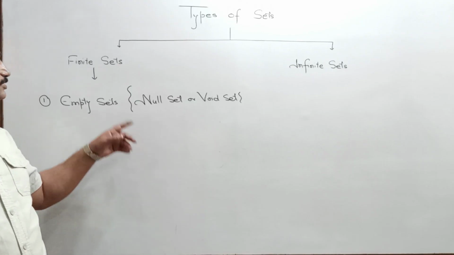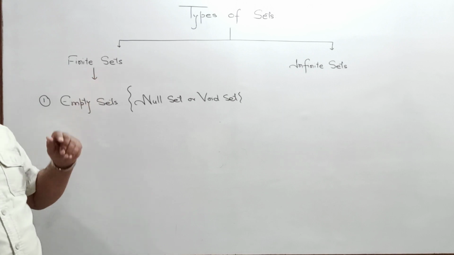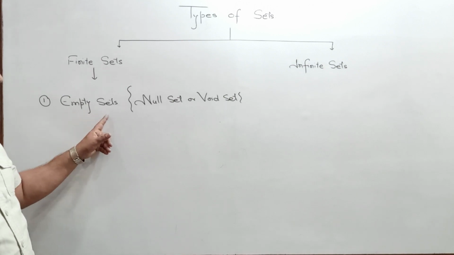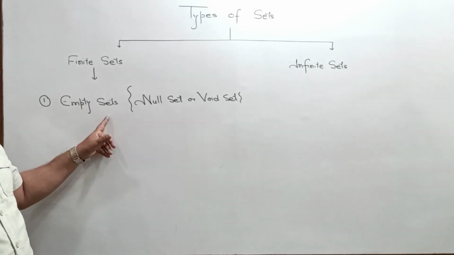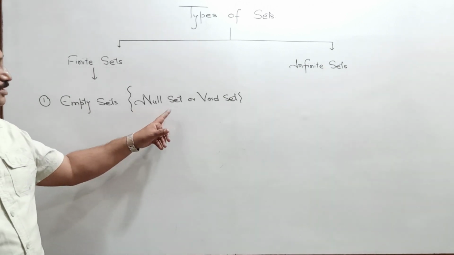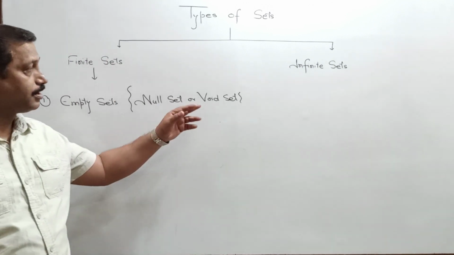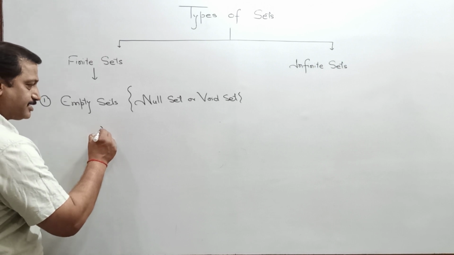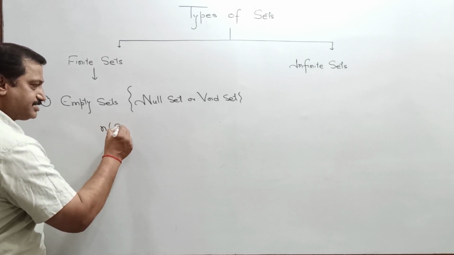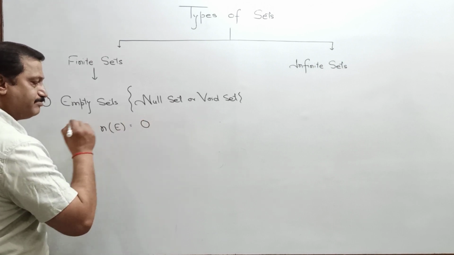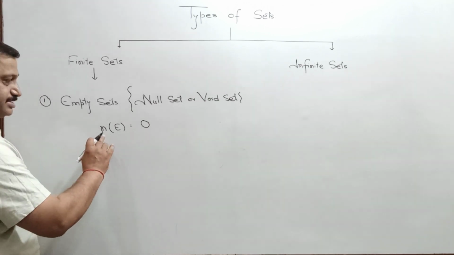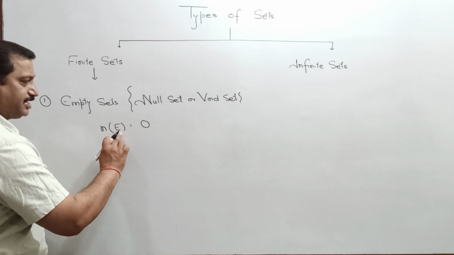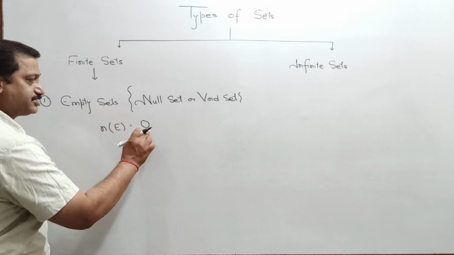Now we'll start the types of finite sets. First finite set is empty set, which is also known as null set or void set. A set which contains no element, that means number of the elements in set E, that means empty set, is 0.